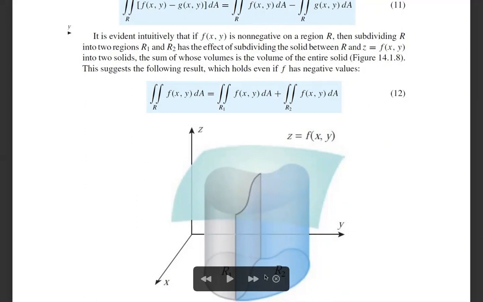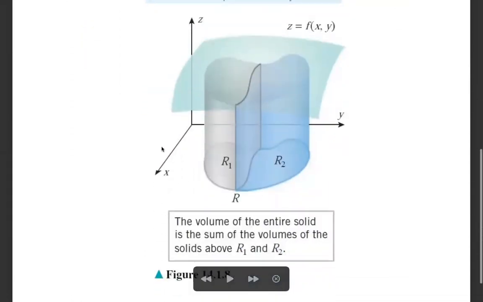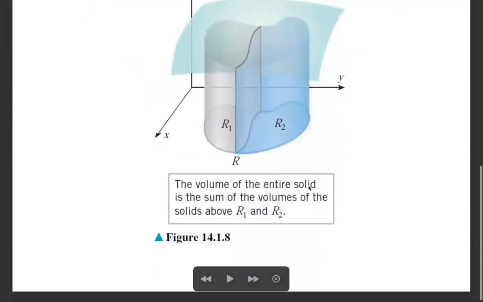That means we can subdivide this region into two, R1 and R2. Then the double integral over R1 of f(x, y) dA plus the double integral over R2 of f(x, y) dA will give you the volume of the solid bounded below by the region R and above by the function f(x, y). So the volume of the entire solid is the sum of the volumes of the solids above R1 and R2.